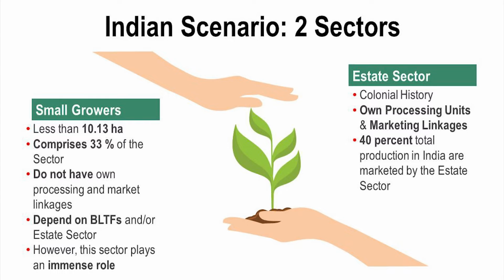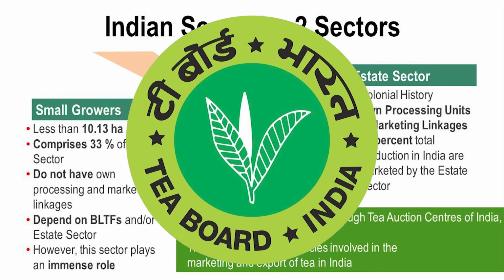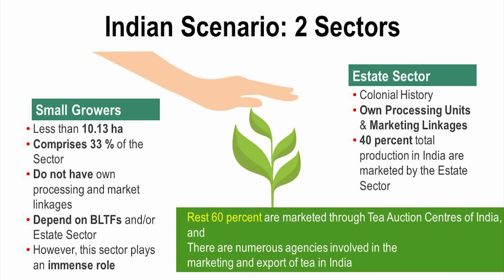As we have said, 40% of total tea production is marketed by big tea estates on their own. The remaining 60% is marketed through tea auction centers across India. And there are numerous agencies involved in the marketing and export of tea in India. All are registered under the Tea Board in particular, and they do the marketing and export for the entire country.